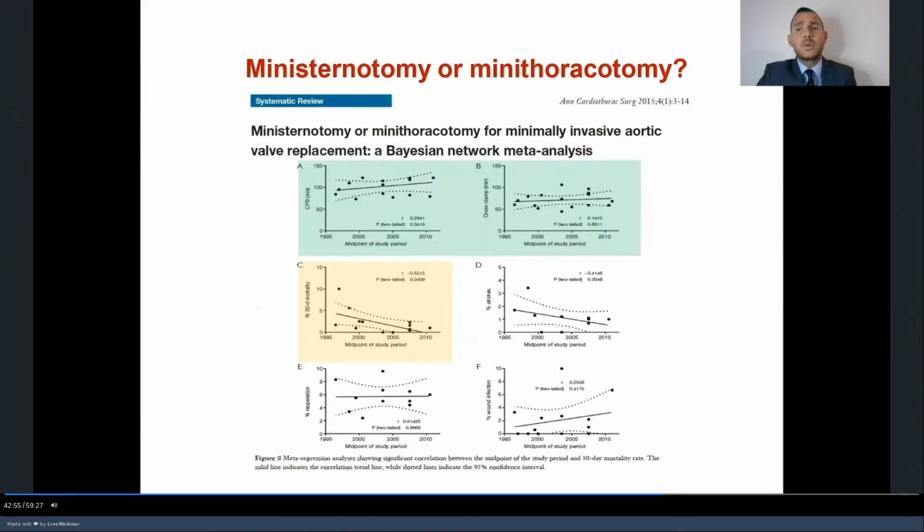If at all, the minimally invasive approaches are characterized by relatively longer cross-clamp time and bypass time. However, this meta-regression shows a very good 30-day survival with a significant mortality reduction in comparison to the data in 1995.